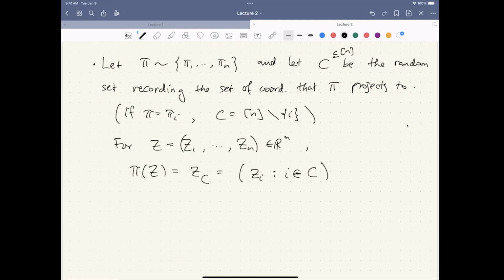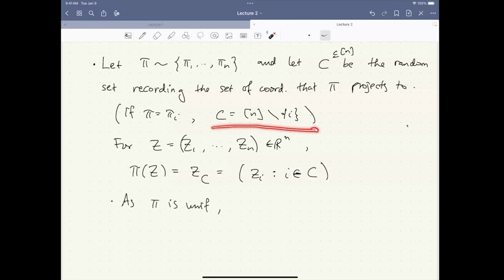Now, since C is the random set we're going to apply in Shearer's lemma, we need to estimate the probability that each direction appears in C. What's the probability? Get the lower bound on this probability. Since pi is uniformly distributed over all directions of projection, C is a random set that looks like this for all I equally likely.